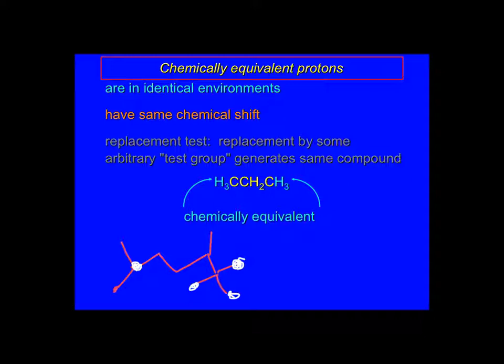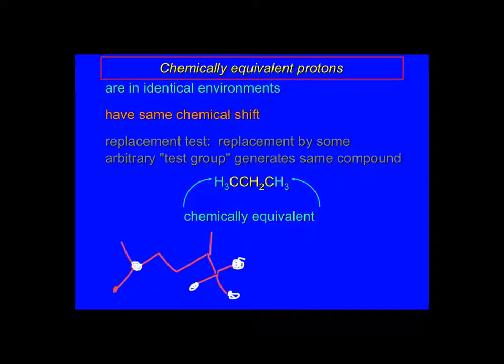No. Because, once again, if you replace it with a chlorine, some people start to say this one right here would be similar, but in reality it's a little different, because this one is hanging off of a tertiary carbon, but it's next door to a quaternary carbon, whereas this one doesn't have that next door to it. So technically they're going to be different.